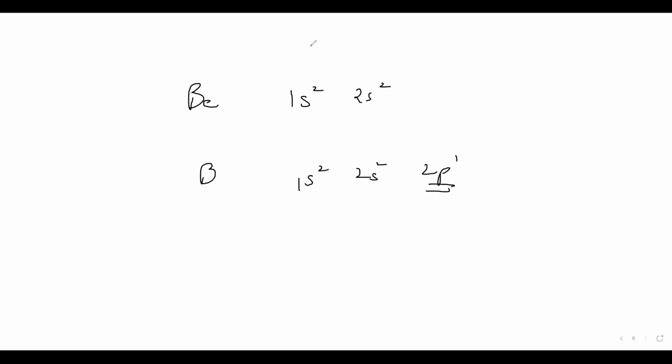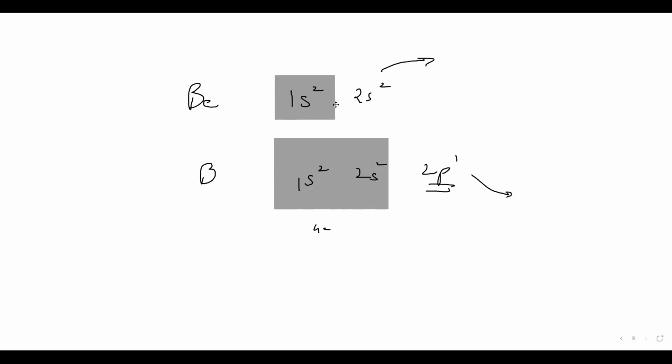For boron, there are 4. For beryllium, we are removing an electron from 2s. So when we are removing an electron from 2s, how many inner shell electrons are there? Only 2 electrons. So which will have a greater shielding effect?